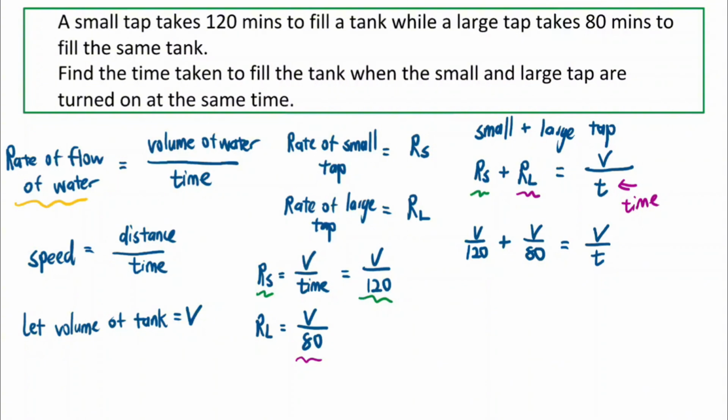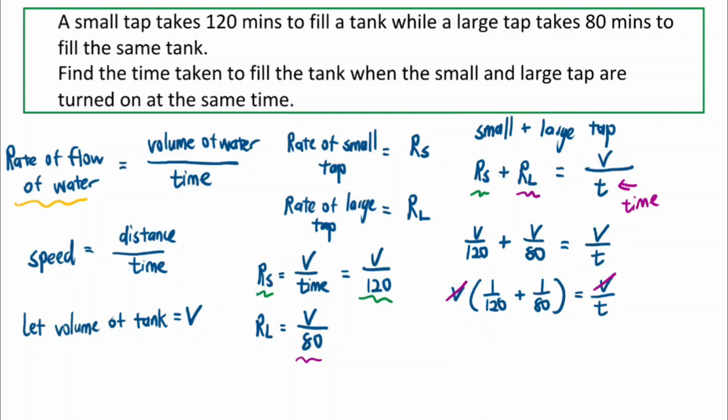Next I'm going to do a bit of simplification. I'm going to factorize V from both V over 120 and V over 80. So we get V bracket 1 over 120 plus 1 over 80, and the right remains unchanged. Then next we can cancel out this V from both sides of the equation.